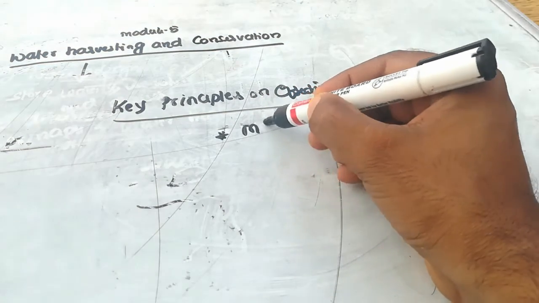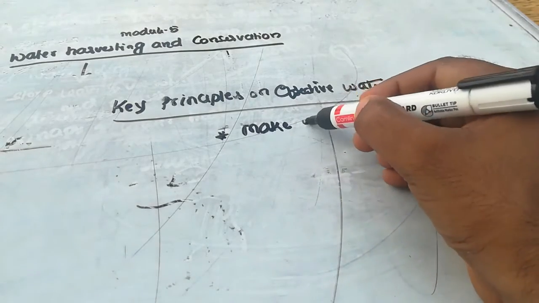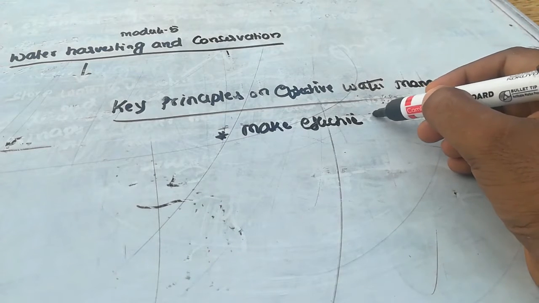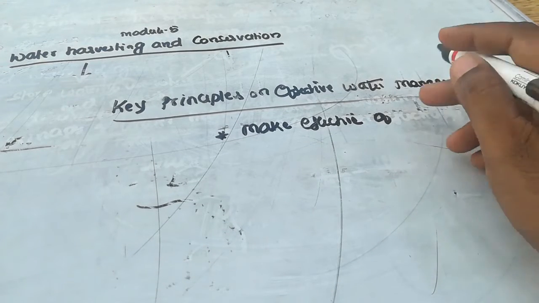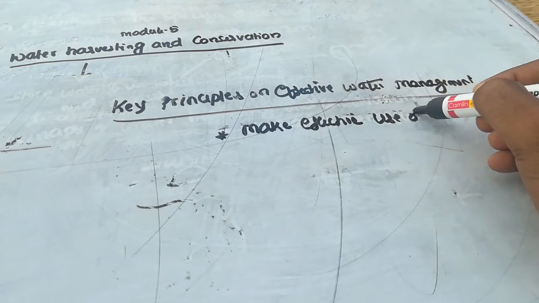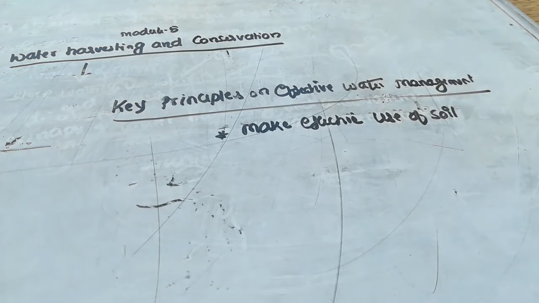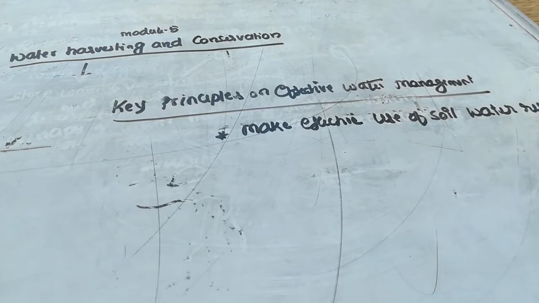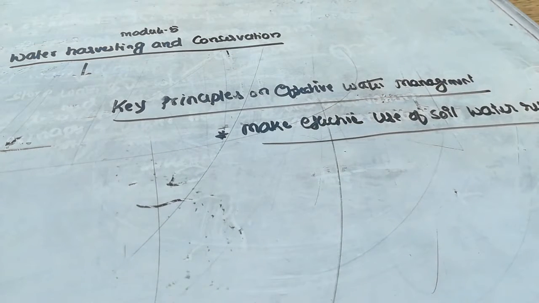Second point, make effective use of soil water reserves. How can we say that? The soil stores water from rainfall. We all know that soil stores water from rainfall, providing a reserve that is available to the crop.